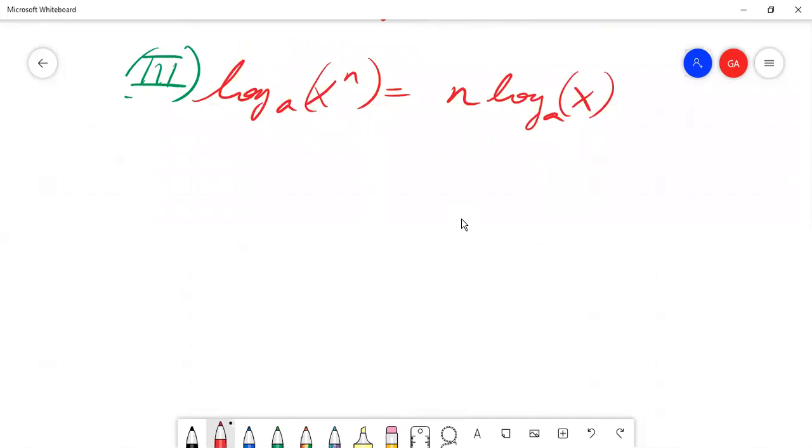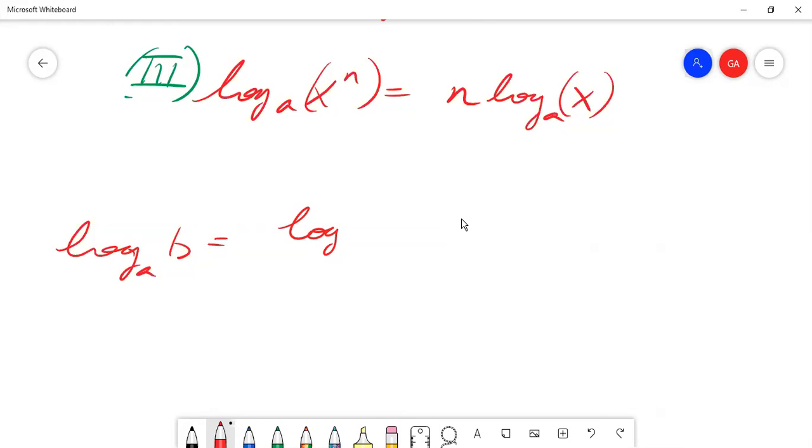Lastly, there's this property called the change of base property. It says that if I have log base a of b, and say I don't like this base a, say I want to use another base, maybe 10 or something, or say I wanted to use the base e, and this is actually something you would do often because we like e as a base.